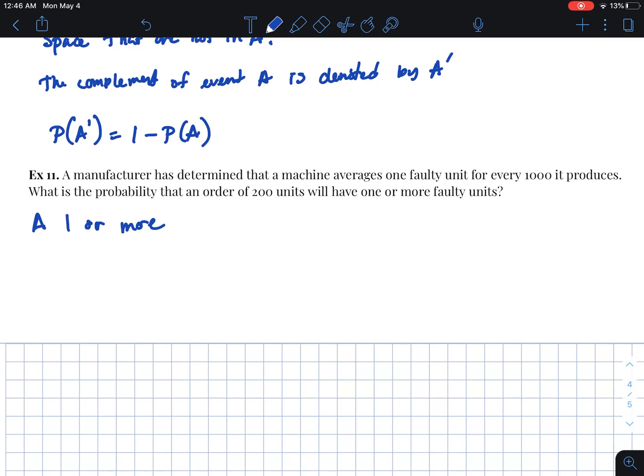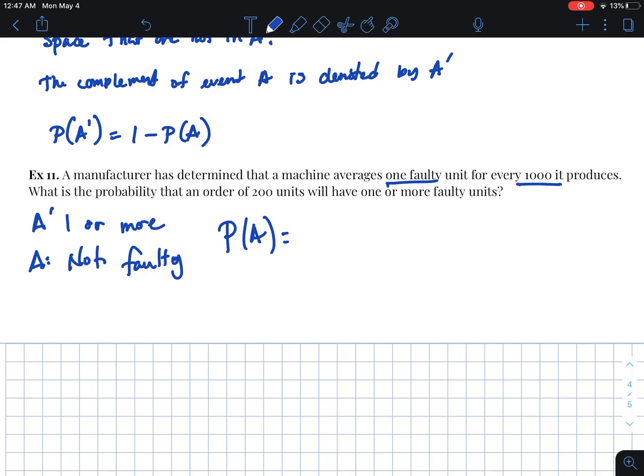What we can do is, instead, A prime would be that. If we have A, that means the probability that it is not faulty. So let's do a probability of A. It says it produces 1,000, and one of them is faulty.